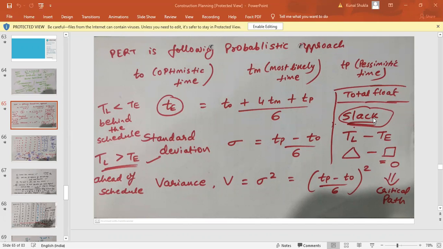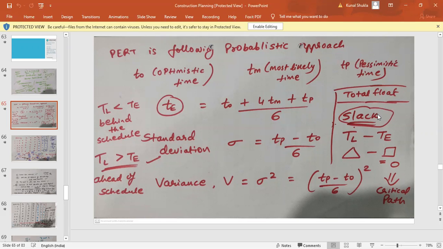The first method, that is calculation of all the days from all the paths, stands correct. But the second method, where we calculated the total float, and whichever activity has total float 0, you combine that path as your critical path, is not valid in the PERT method.